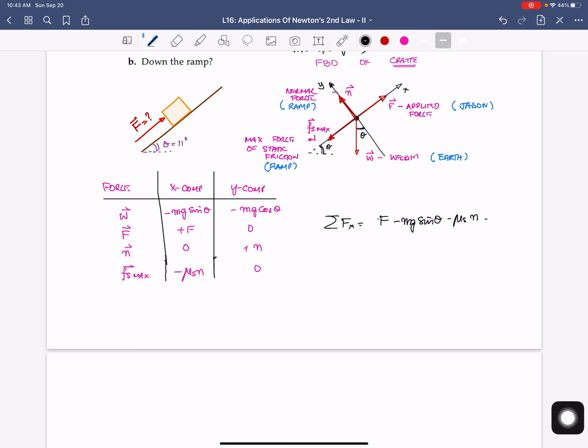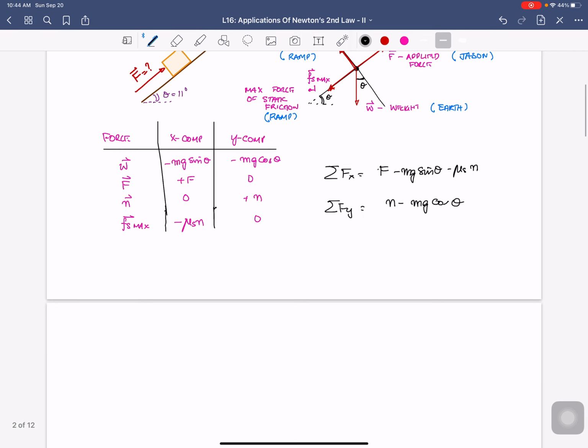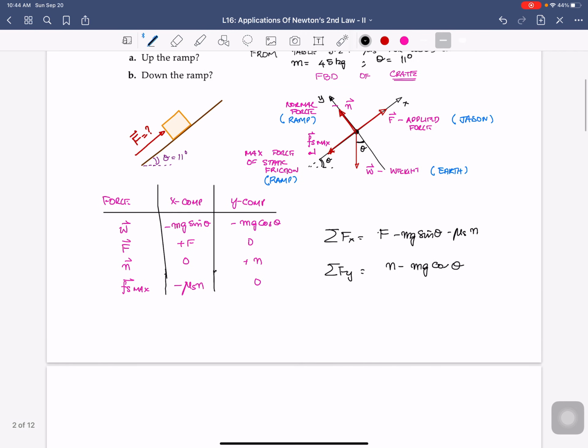Yes, is equal to, well, let's leave it at that for now. We'll come back to that later. Net force in the y direction is N minus mg cosine theta. And we are doing the first part. What are we interested in this part? So in the first part, we want to determine F.